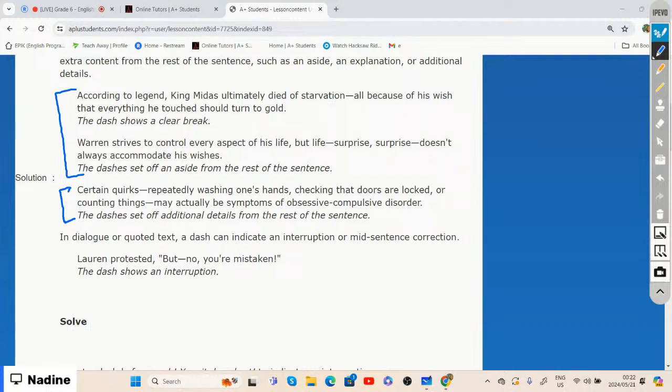So certain quirks, repeatedly washing one's hands, checking that the doors are locked, or counting things, may actually be symptoms of obsessive compulsive disorder.